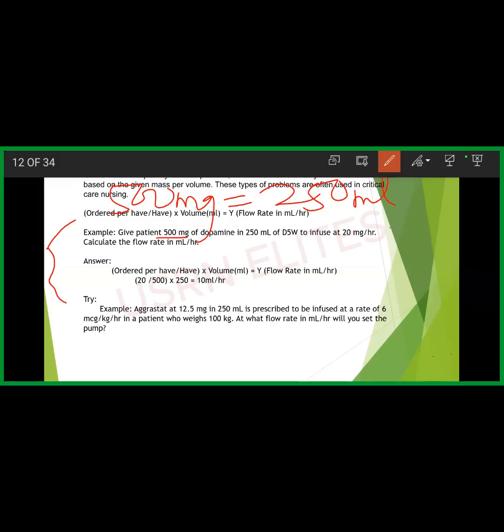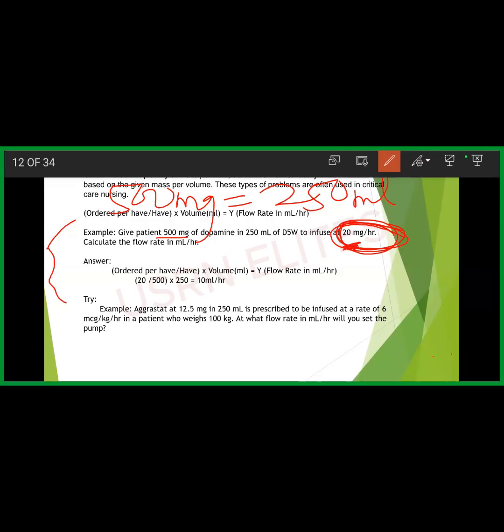So this is the given flow rate that it should go. So if it should go with this flow rate, how many mils will this flow rate give us? That's what the question is asking. If it should go in 20 milligrams per hour, how many mils is making up these 20 milligrams? In other words, that's what they want.